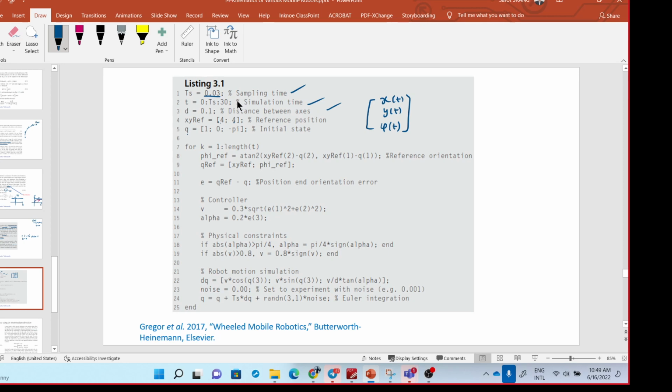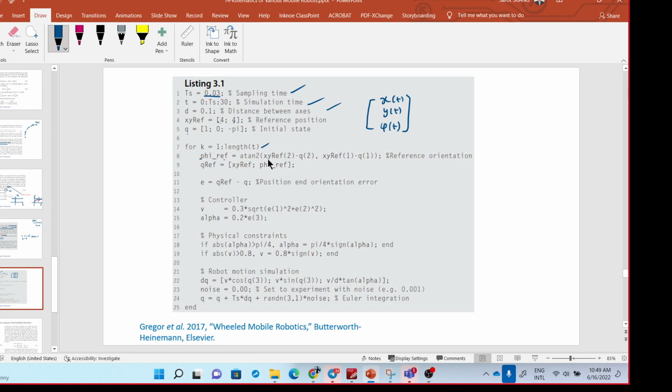So in this code we just need to write the code for every sample time, and then we use the loop to run from 0 to 30 seconds. So the loop here is a loop on the time. The phi reference can be computed using arctan 2. Arctan 2 returns the angle to be sure that it can give the angle in the four quadrants.